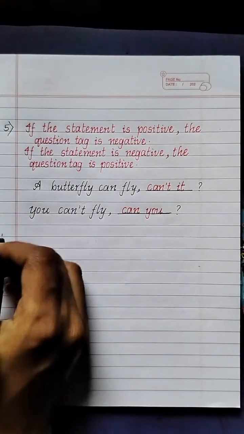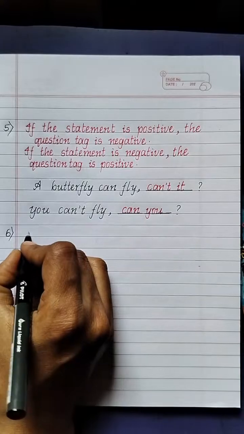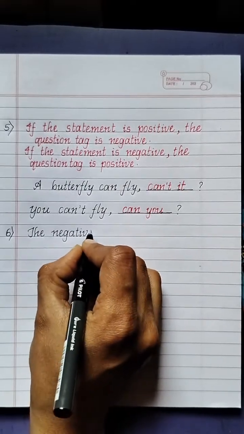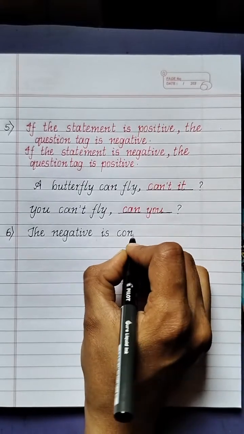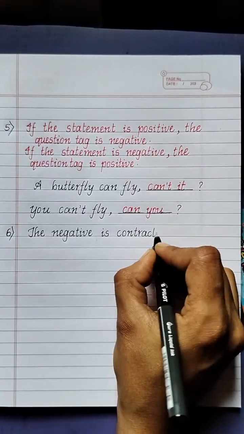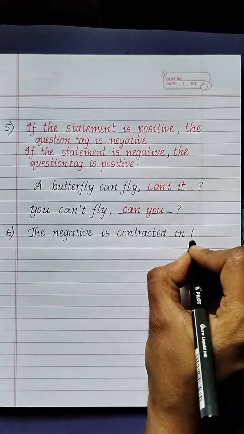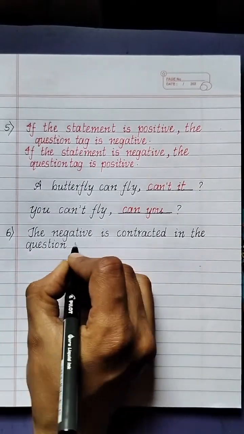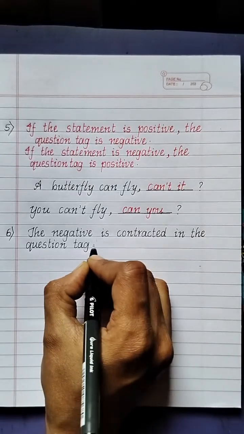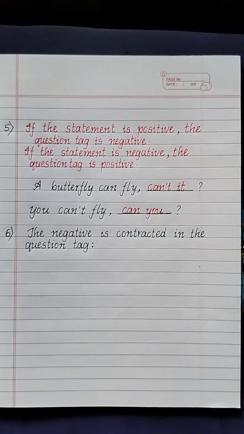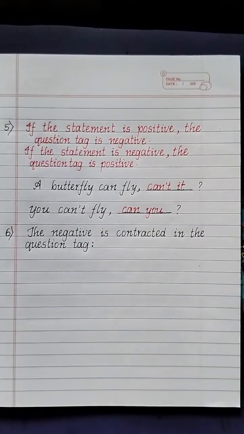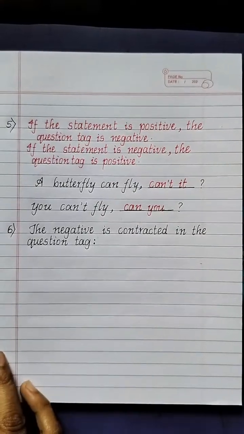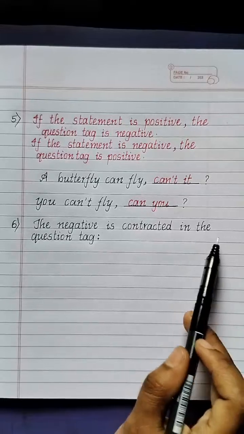Now let's start with rule number 6. Point number 6 says that the negative is contracted in the question tag.